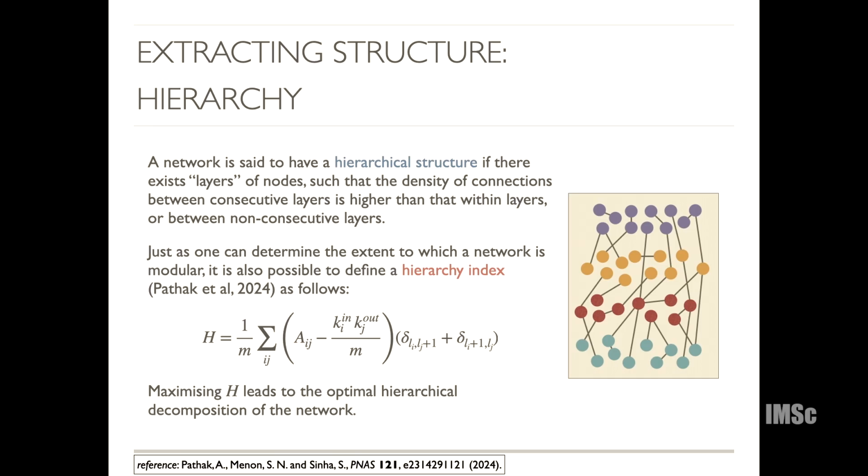Just like a modular structure, a network could have what's called a hierarchical structure, if there exist layers of nodes such that the density of connections between consecutive layers, so basically between say purple to yellow, yellow to red, red to blue, is higher than, let's say, within the layers, or between non-consecutive layers, let's say going from blue to yellow or from purple to red or something like that.